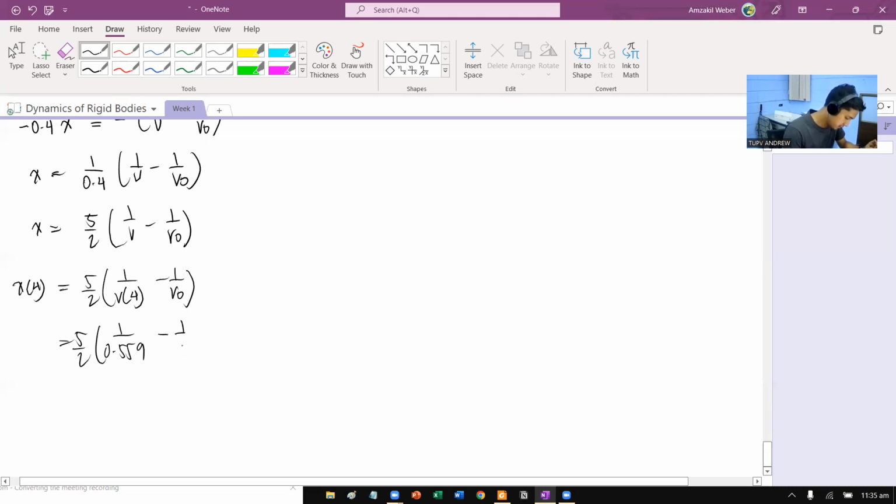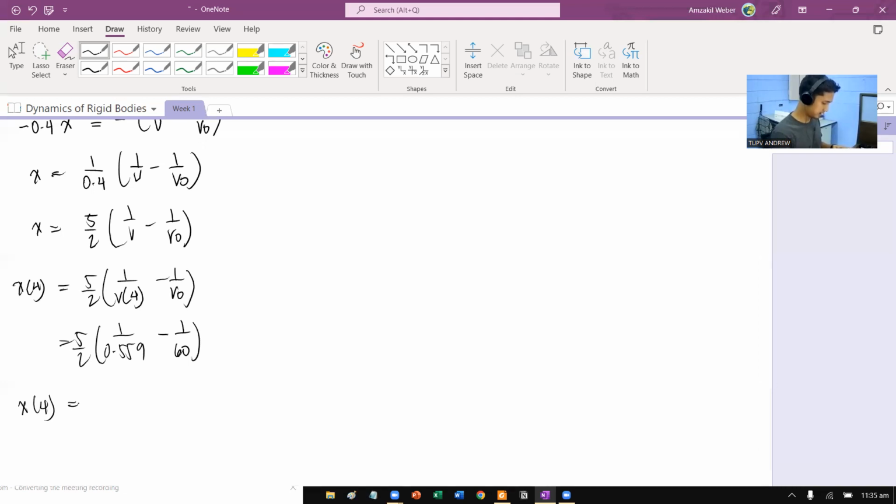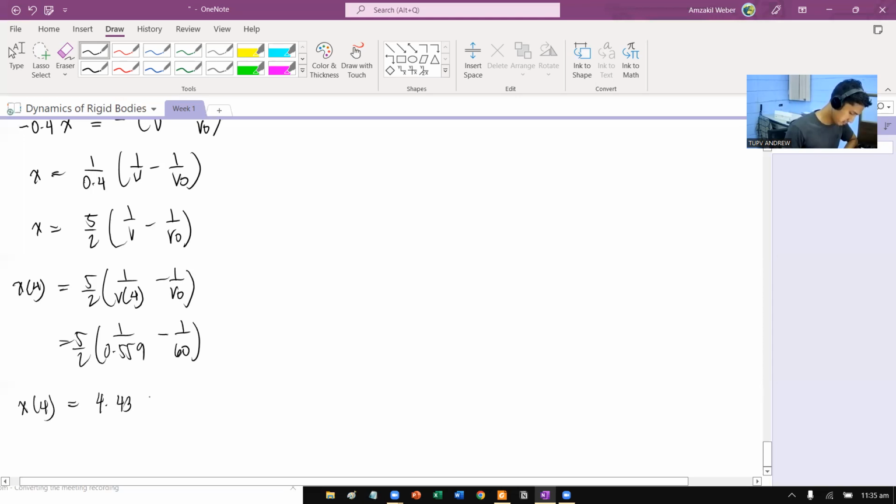So x4 is 1 divided by this, minus 1 divided by 60, times 5 over 2, which is 4.43 meters. This is position, not distance. So the direction is downward. That is sufficient.